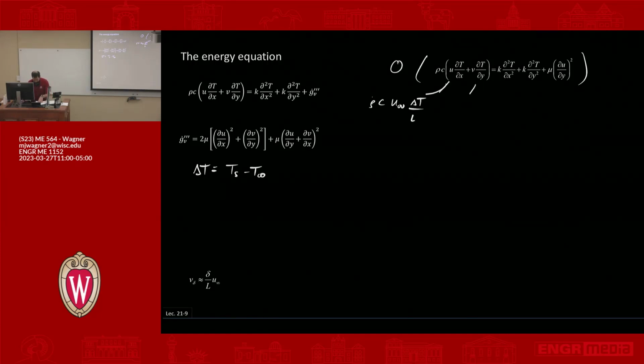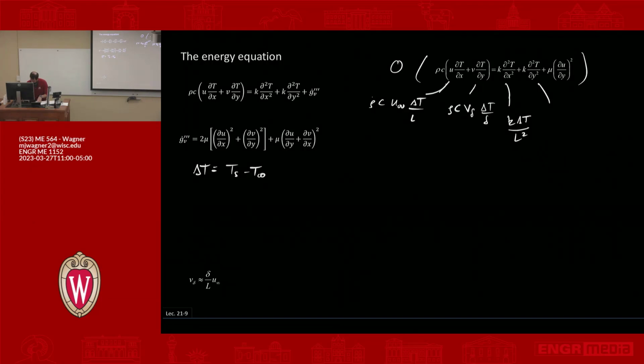The second one is going to be rho C V_delta, delta T over delta, in our y direction. On the right-hand side, we have this conductivity term. That is conductivity times delta T over L squared, because it's the second derivative.